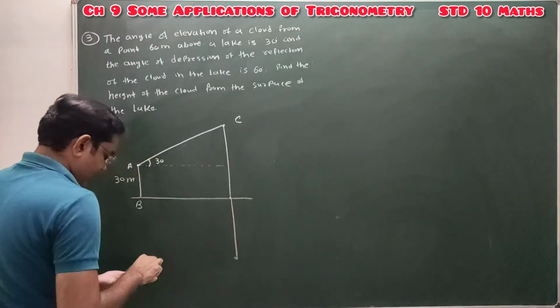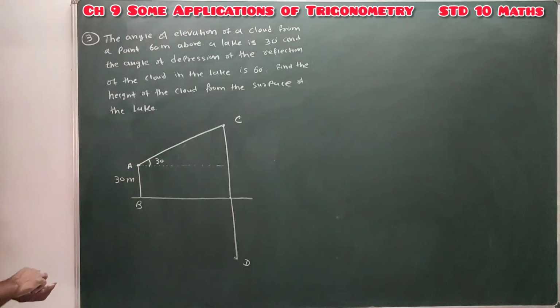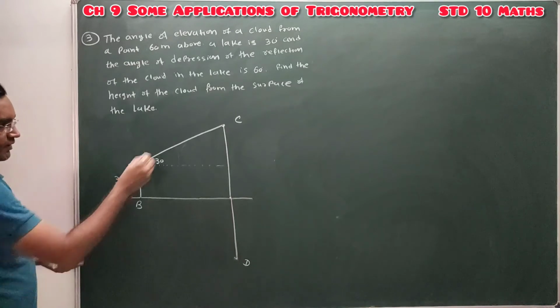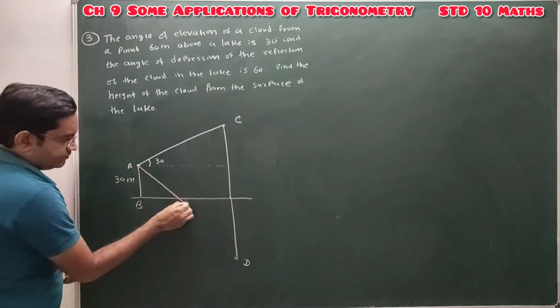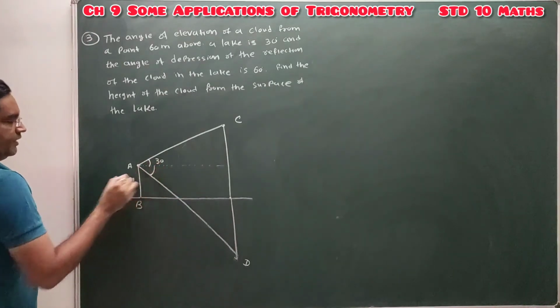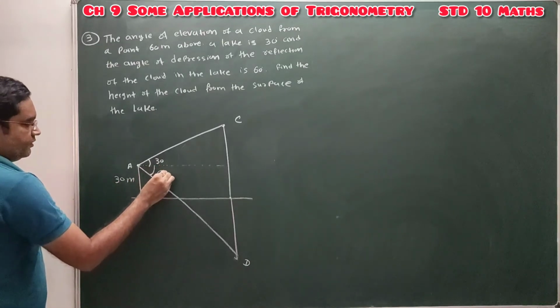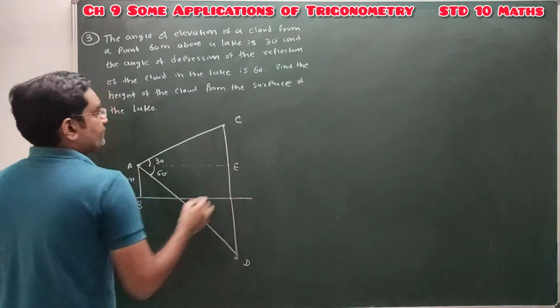Suppose this is point D. Point D is the reflection of the cloud in the lake, and observer also observes the reflection of the cloud in the lake. So it will form angle of depression with this horizontal line, and the angle of reflection is 60 degree. Suppose this one is point E.